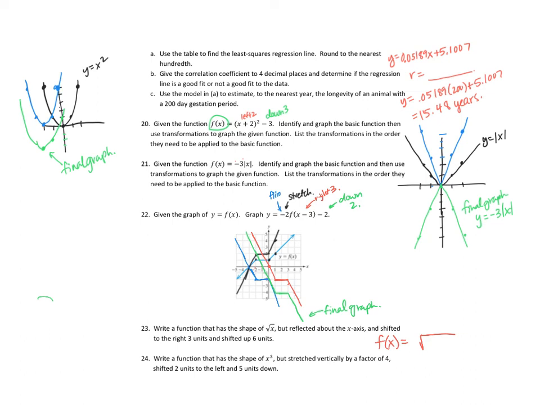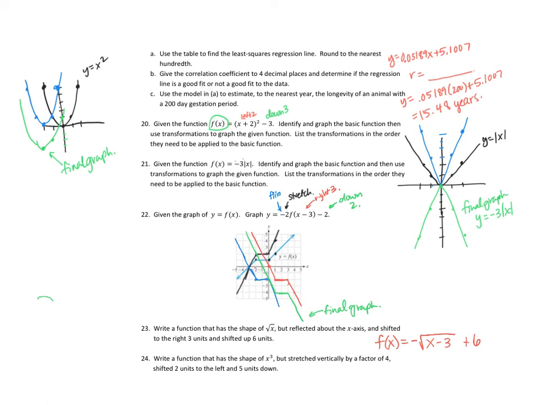So if I want to reflect it about the x-axis, that's going to be this minus here. And then shifted to the right 3 units. So we'll say x minus 3 to shift to the right 3, and then shifted up 6 units. So the plus 6 goes on the outside. And that's that.